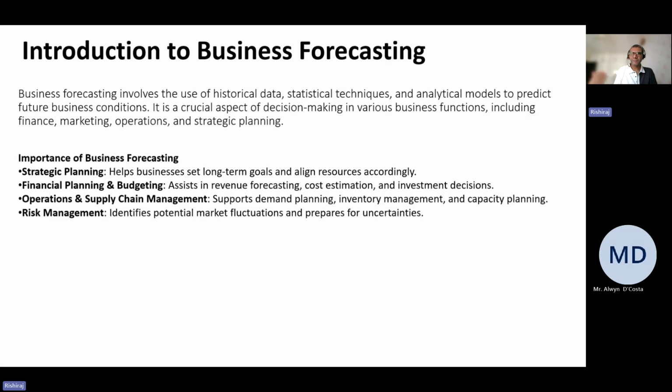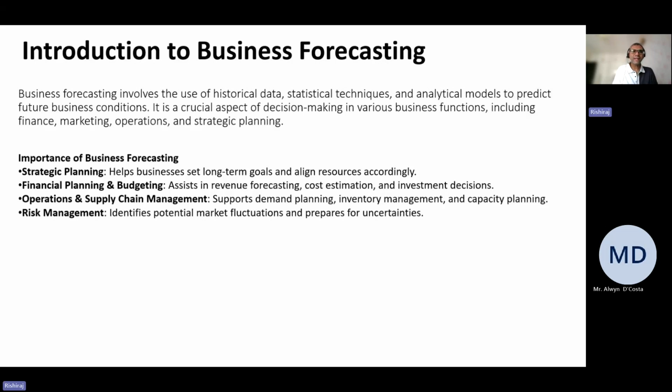It helps us specifically to improve service quality in supply chains, like e-commerce businesses like Amazon, Flipkart, or quick commerce businesses like Zepto, Blinkit, BB Now. So it helps us to specify customer satisfaction quality parameters. So forecasting plays a major role in all these things. And of course, it helps us to manage risk, identifies potential market fluctuations, and prepare ourselves for uncertainties, especially the financial market uncertainties.